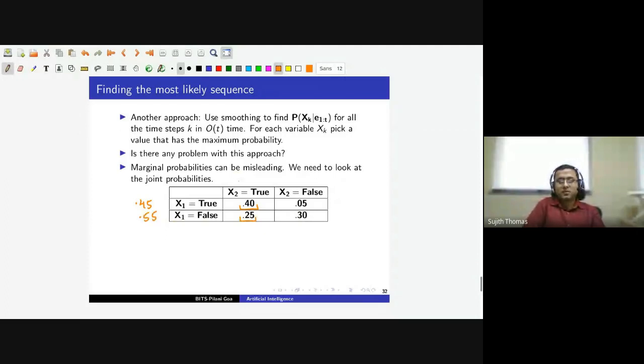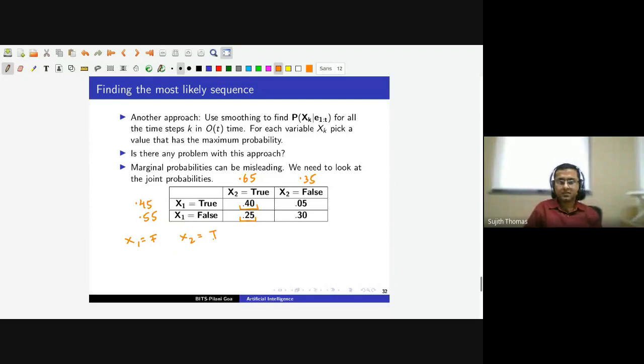So if we first find the marginal probabilities and then we pick the value which maximizes each of the marginal probabilities, we will conclude that x1 equal to false and x2 equal to true is the most likely sequence.